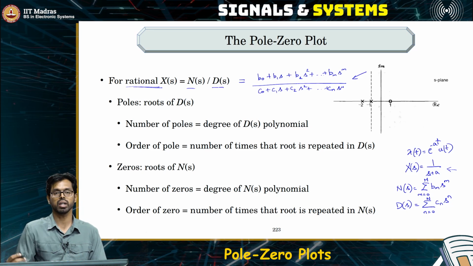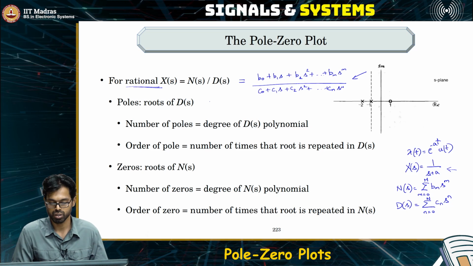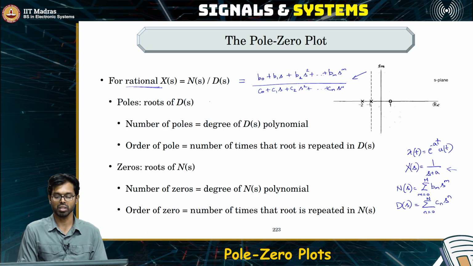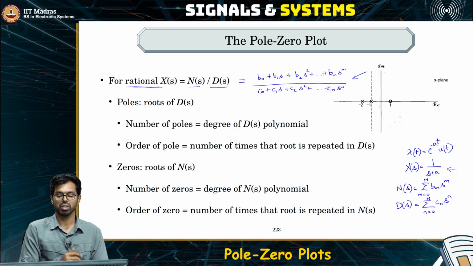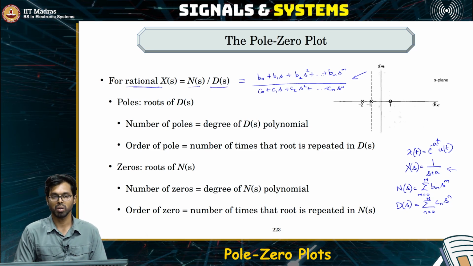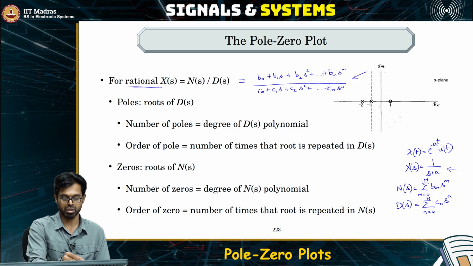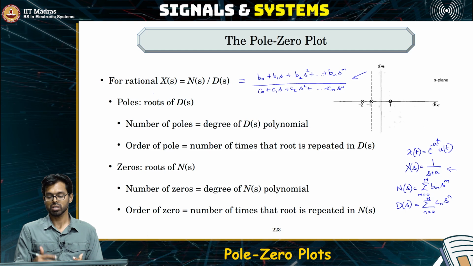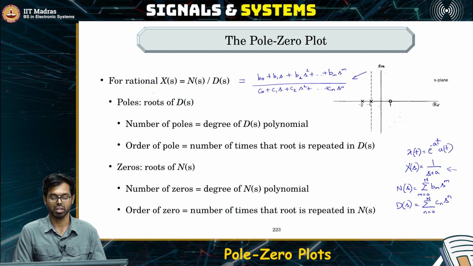So all systems which can be represented using ODEs, ordinary differential equations, could be written in this form where there is a numerator polynomial divided by a denominator polynomial. So this is what we refer to as the rational Laplace transform, which is very useful for us to solve circuit analysis problems in RLC circuits.